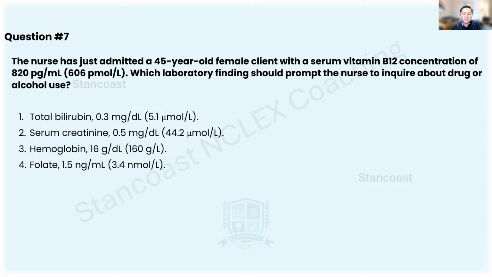Is it 1, total bilirubin of 0.3 milligrams per dl, 2, serum creatinine of 0.5 milligrams per dl, 3, hemoglobin of 16 grams per deciliter, or 4, folate 1.5 nanograms per ml? What do you think? And the question here is basically finding the lab finding that will prompt you as the nurse to inquire about drug or alcohol use.